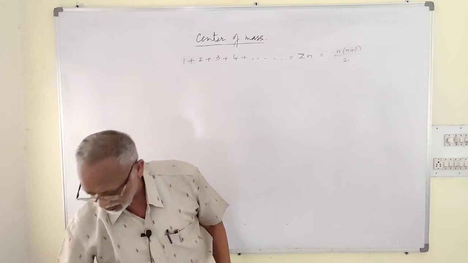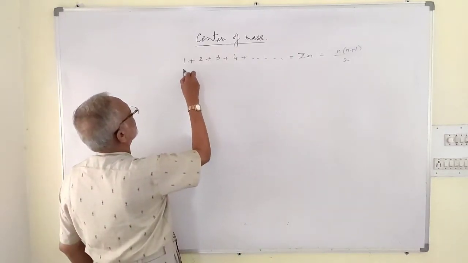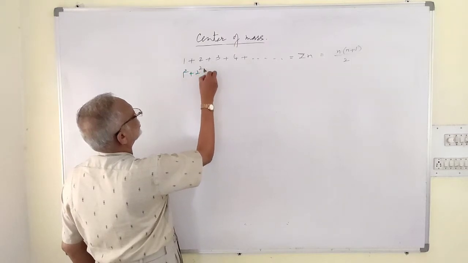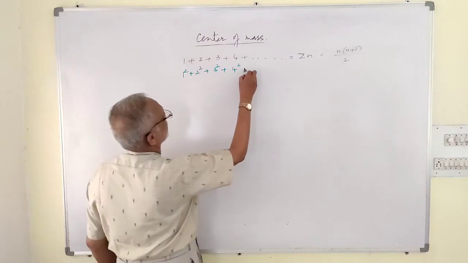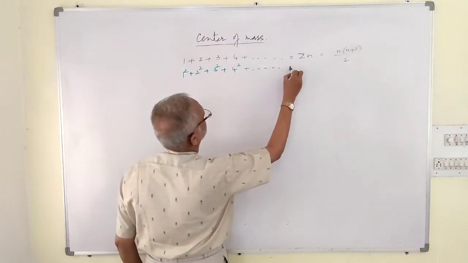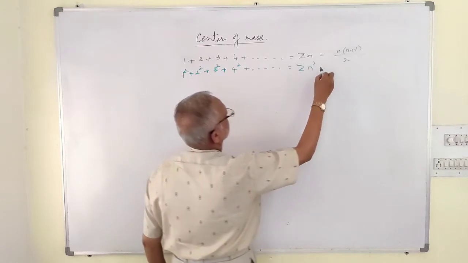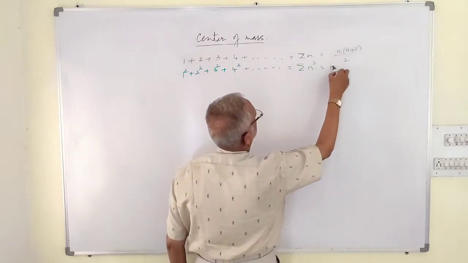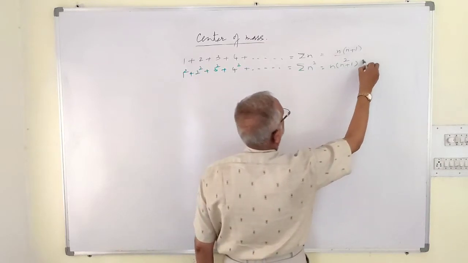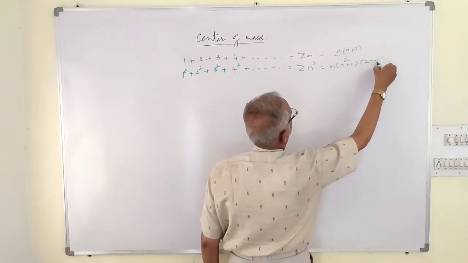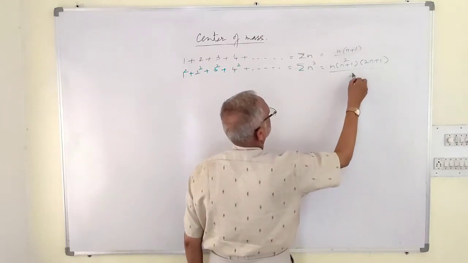We can have a series of squares of the numbers. 1 square plus 2 square plus 3 square plus 4 square and so on. That's equal to sigma n square. This is equal to n into n plus 1 into 2n plus 1 whole divided by 6.